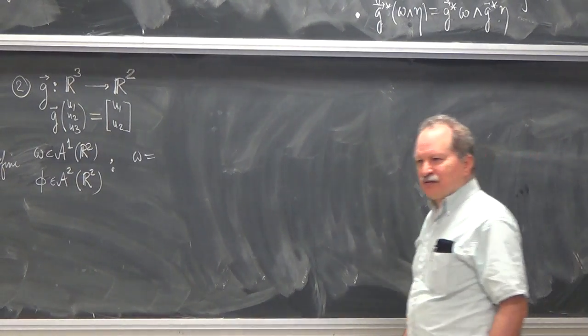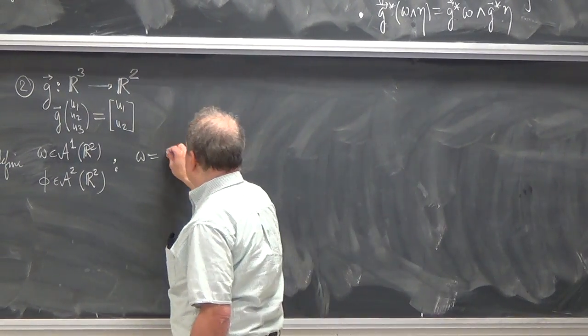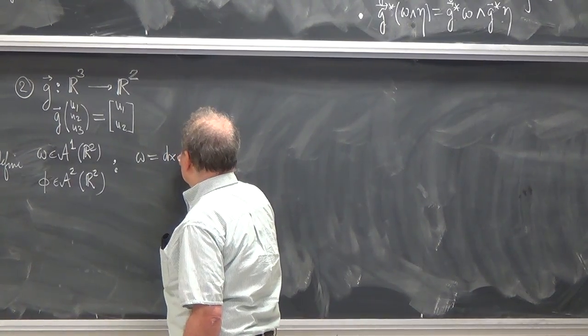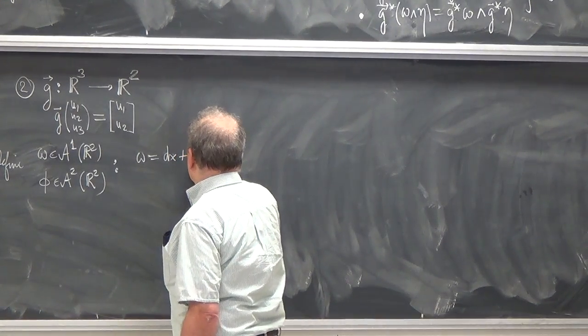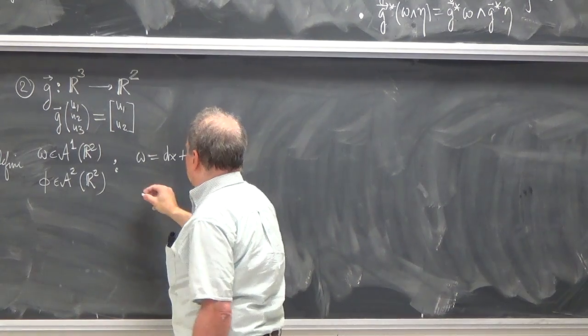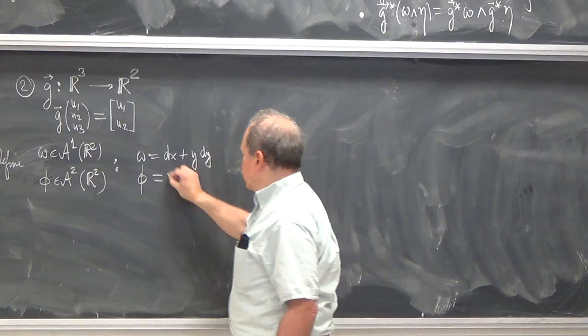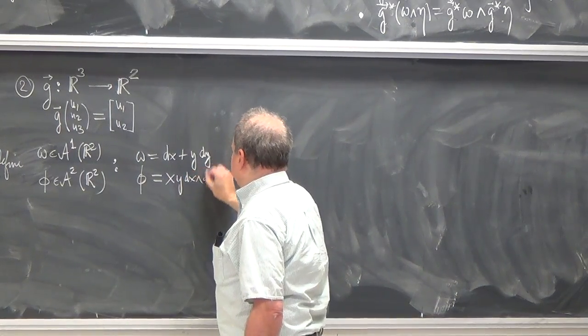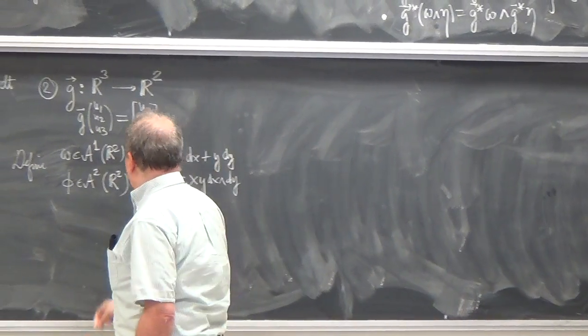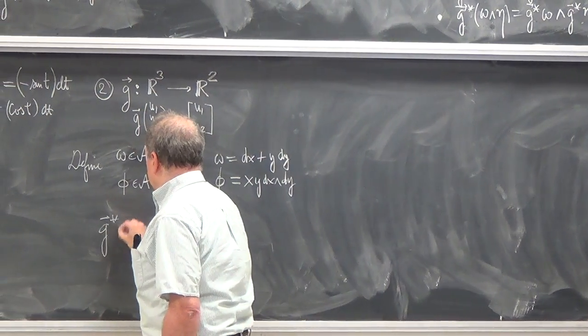dx plus y dy. Okay. Somebody give me a two form on R2. x y dx dy. So now how are we going to pull back omega?